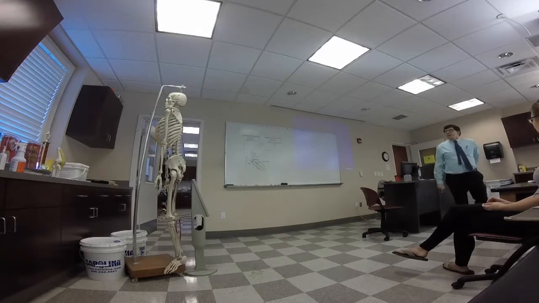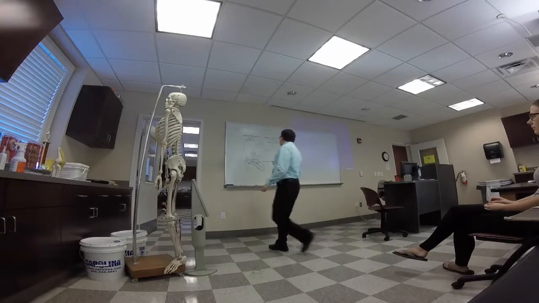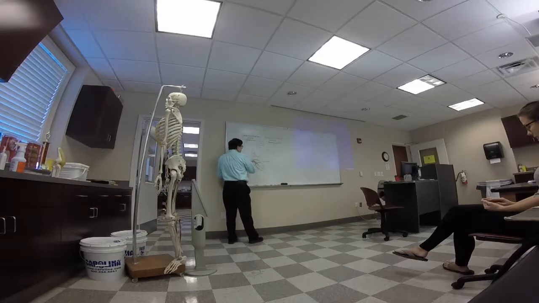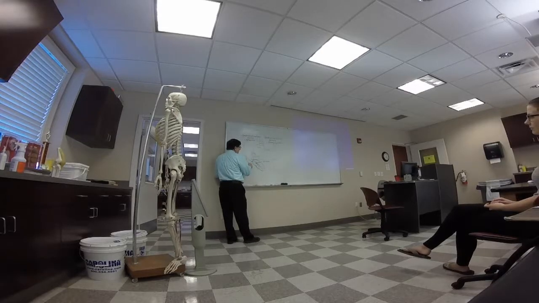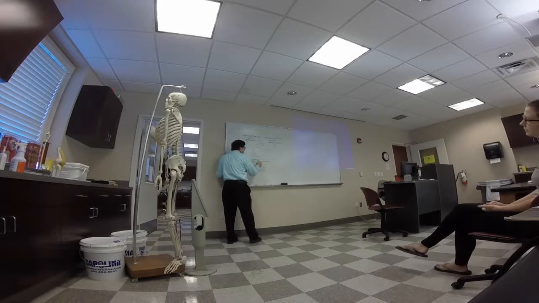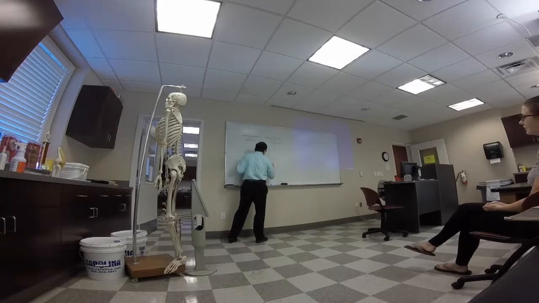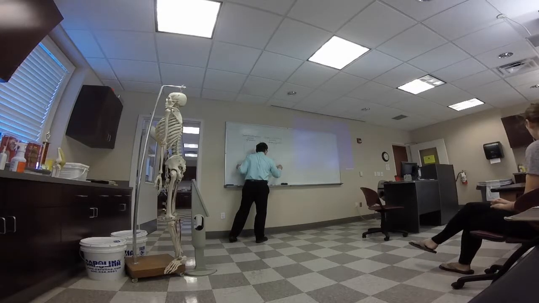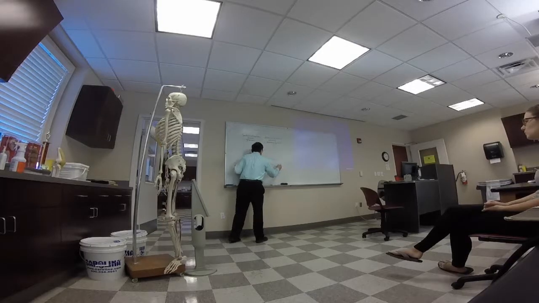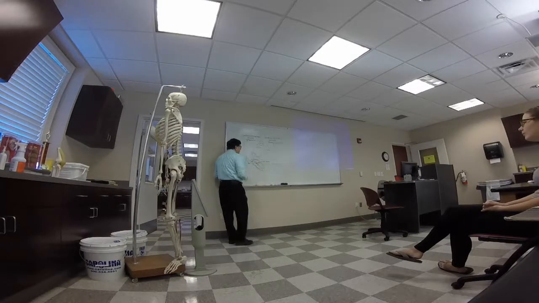All right, so sympathetic activity to the heart is going to do three things. It's going to stimulate the SA node, leading to an increase in heart rate. These sympathetic fibers are going to stimulate the AV node, leading to an increase in conduction velocity. In other words, the impulse is going to travel more rapidly from the upper chambers to the lower chambers.